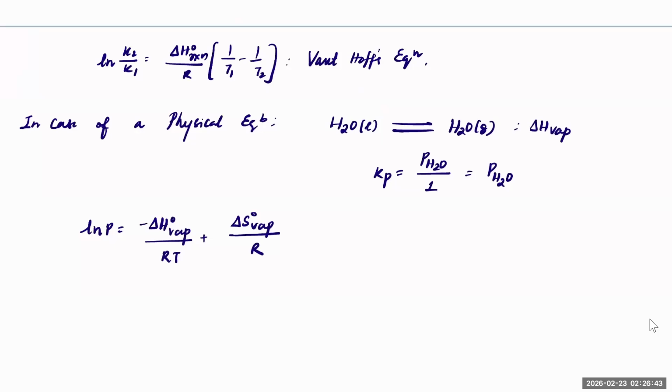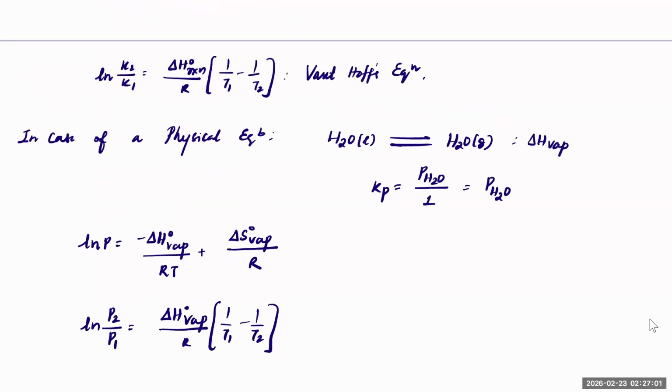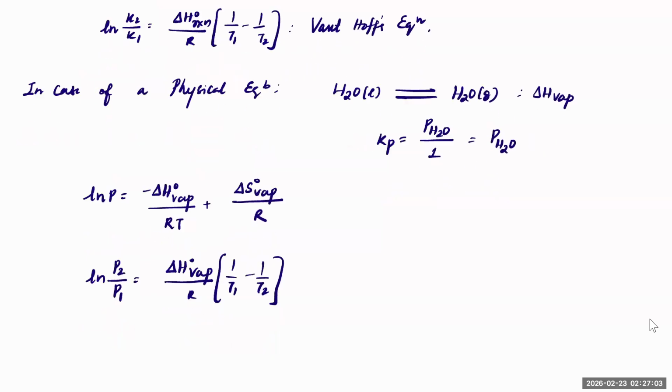And if I put this back into Van't Hoff's equation, now it looks like ln P2 by P1 is equal to delta H naught of vaporization by R into 1 by T1 minus 1 by T2. So basically you have modified the same equation now for Van't Hoff's equation.